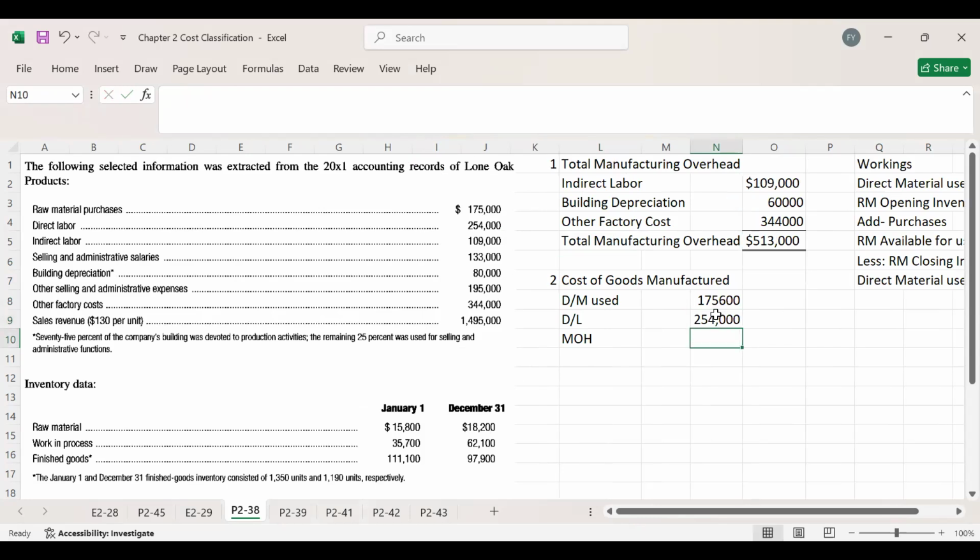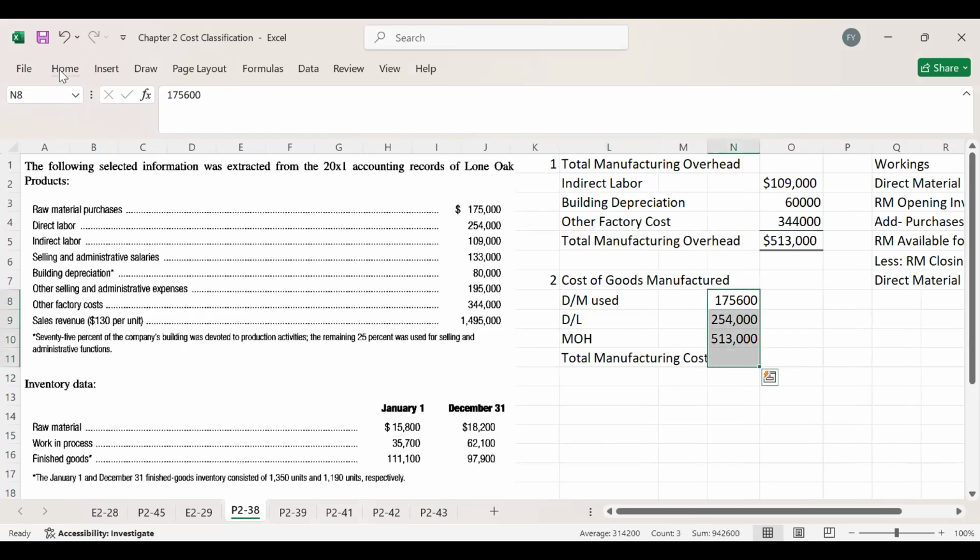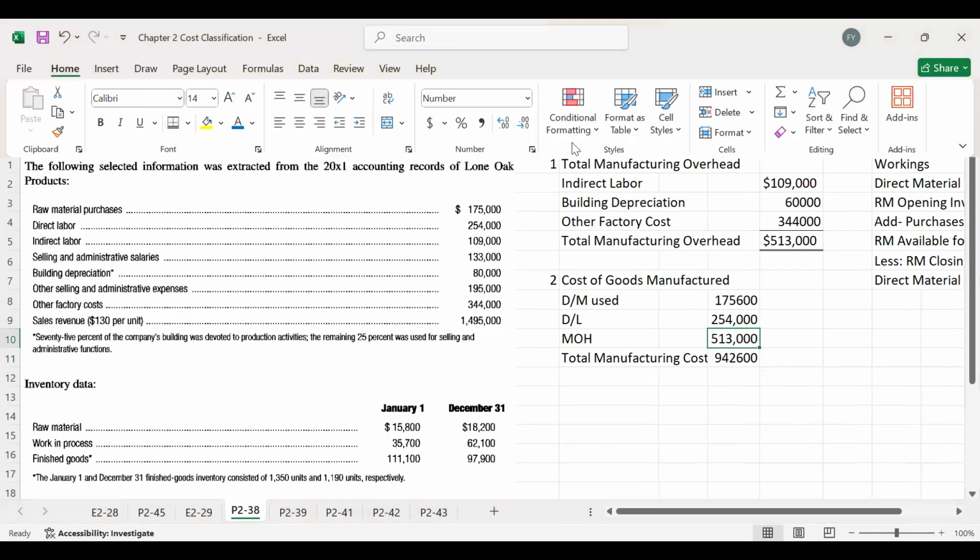And we have also calculated manufacturing overhead, which is 513,000. By adding all three, we get total manufacturing cost, which is $942,600.